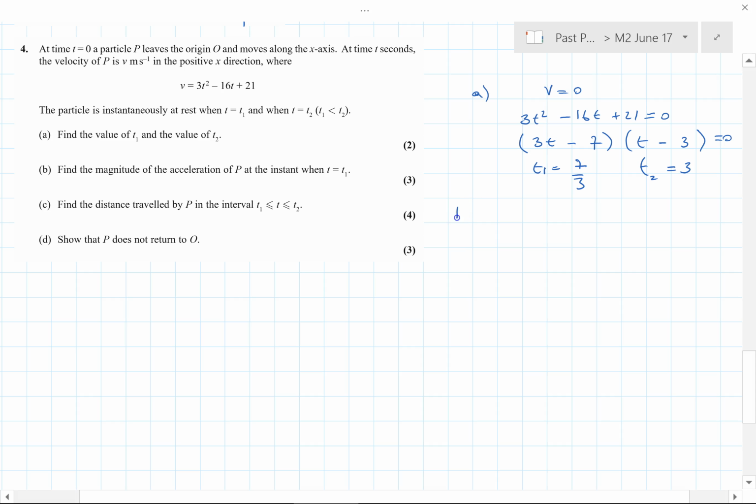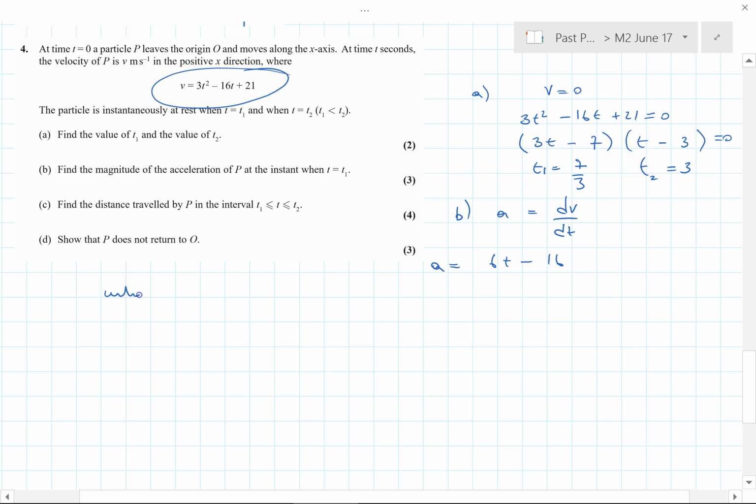Part B is not difficult though either, because we've got to find acceleration, so we need to differentiate the velocity. So a is equal to dv by dt, so that's equal to 6t minus 16.